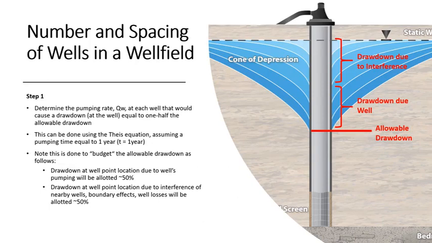Now, this is how we design or calculate the number and spacing of wells in a well field. The first step is to determine the pumping rate QW at each well that would cause a drawdown equal to 1/2 of the allowable drawdown.